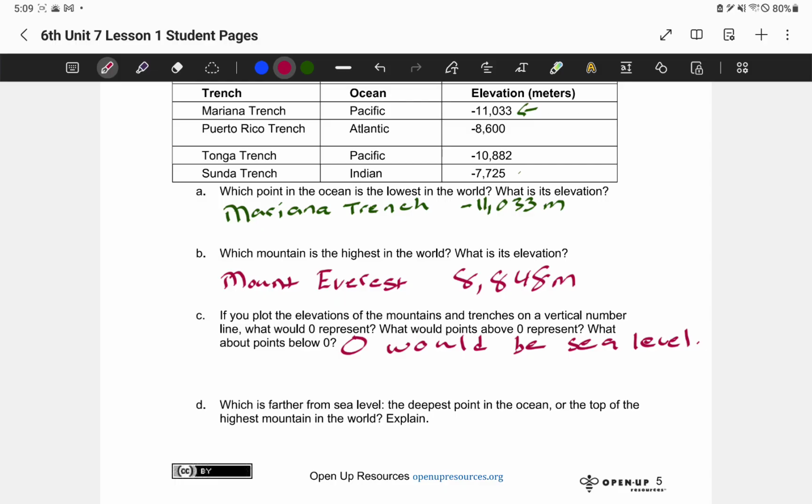What would points above 0 represent? Well, anything above 0 would be above sea level.